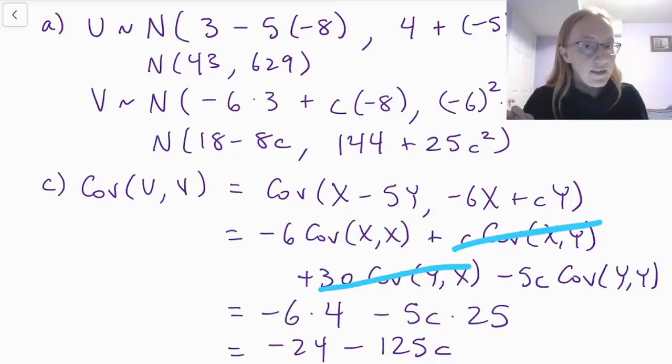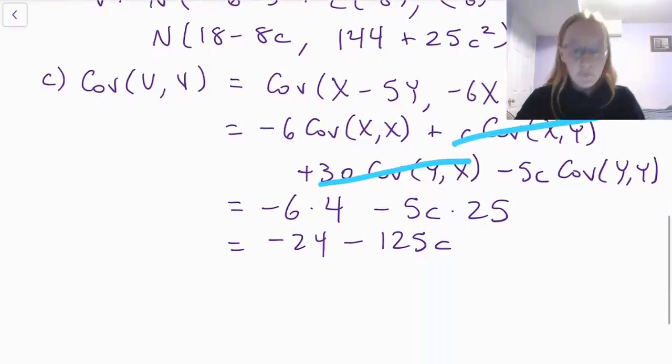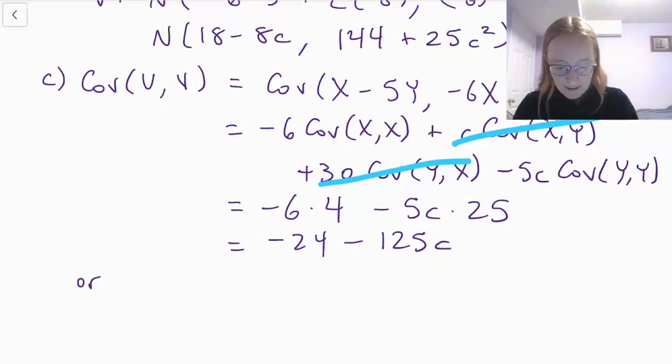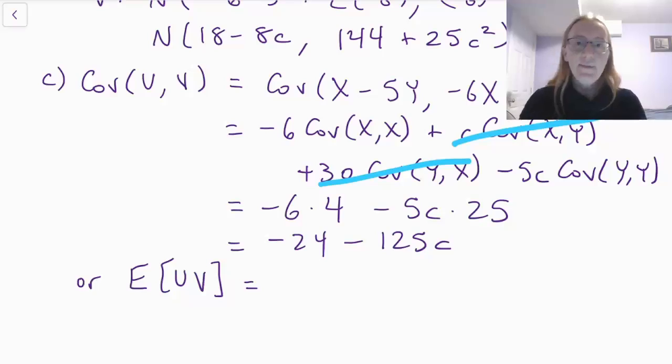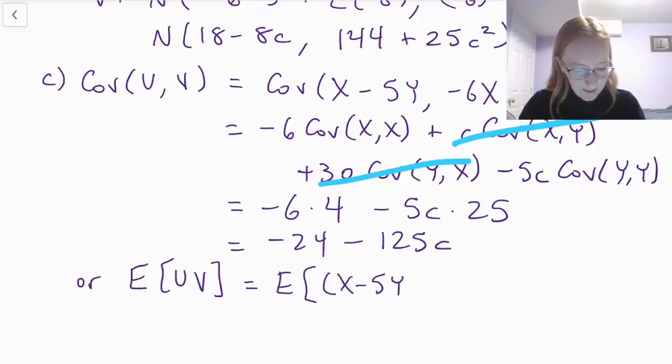The other way to do it, if you forgot this rule, is that we already have E of U and E of V. So we could calculate E of U times V, that's going to be the expected value of x minus 5y times minus 6x plus cy.